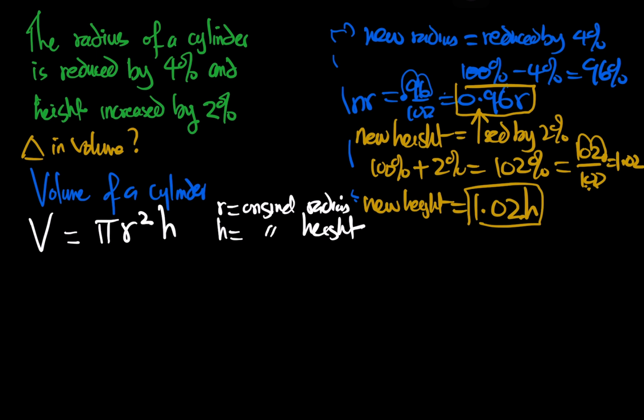All right. So our V here is pi. It doesn't change, but the radius changes. The radius becomes 0.96, squared, and our h becomes 1.02h.